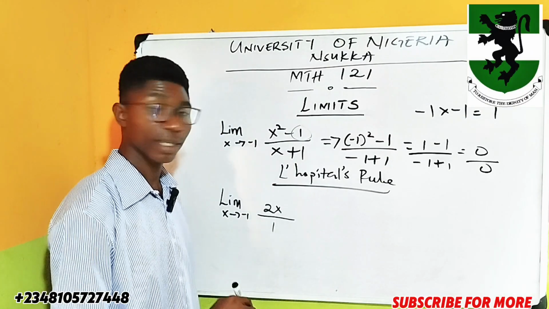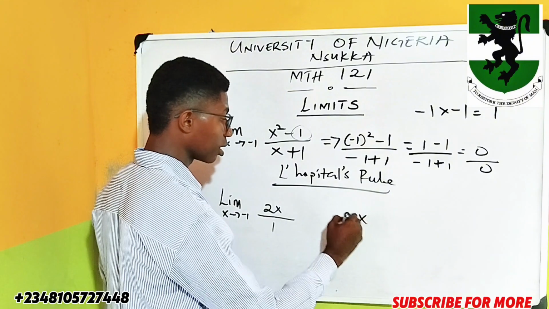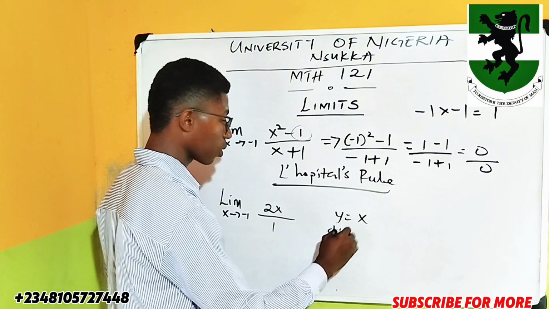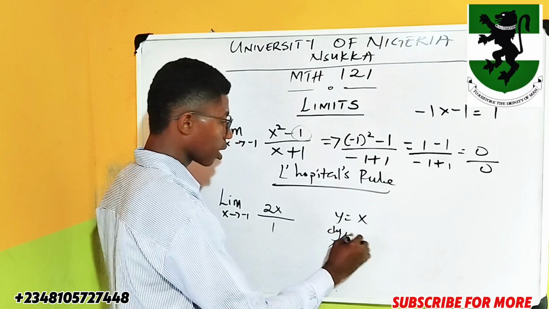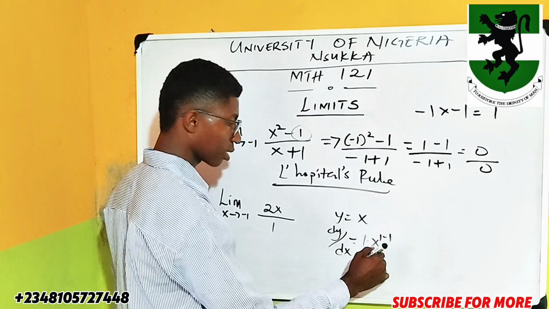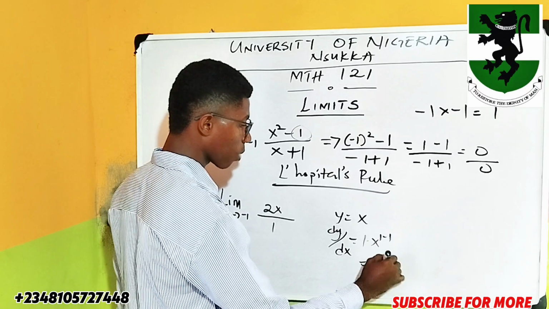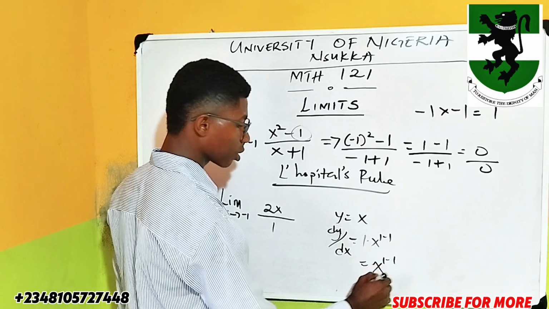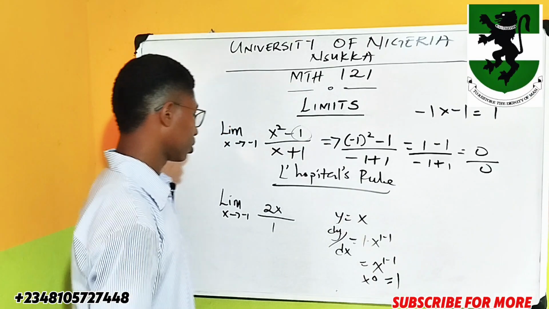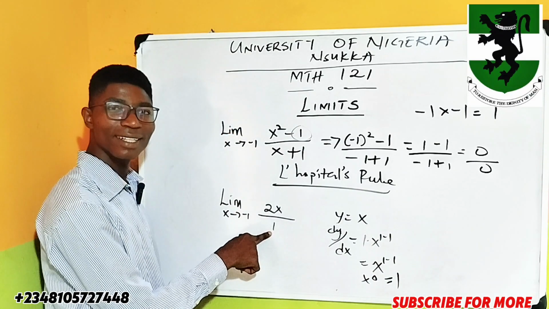For instance, we have x here. So let's say y is equal to x. If we find dy/dx of this, the power here is 1, right? So 1 times x to the power of 1 minus 1. 1 minus 1 is 0, and any number to the power of 0 is equal to 1. That's how we have 1 here.